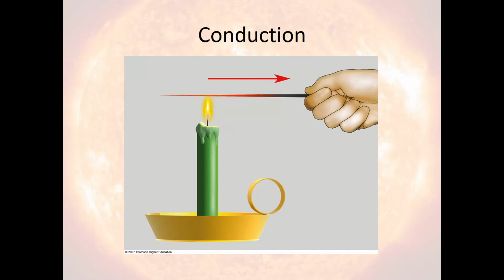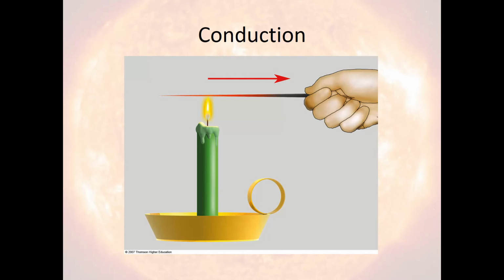What actually happens is the fire is very hot. Your hand holding that metal rod is very cold. Well, heat transfers from the hot fire into the metal rod and through it to your hand. And heat will continue to do that until the two objects have the same temperature.